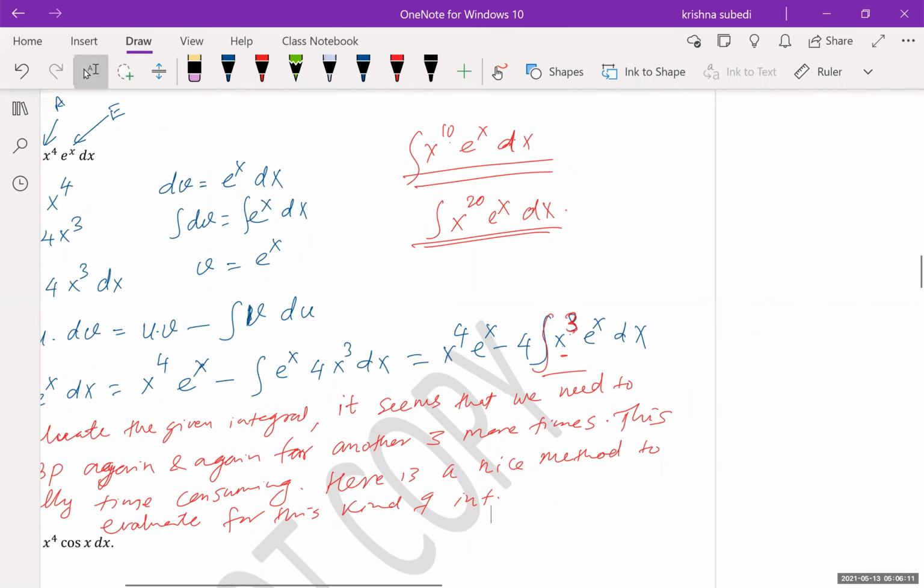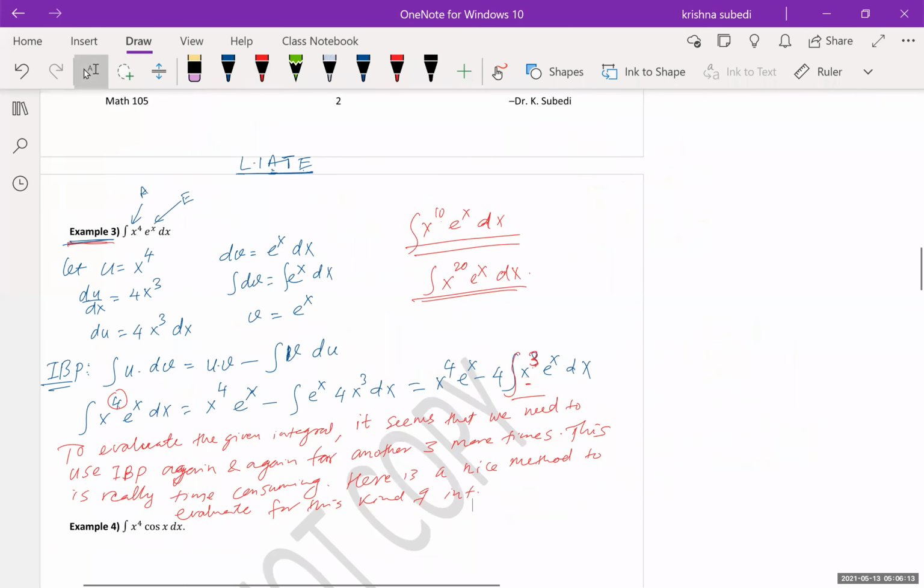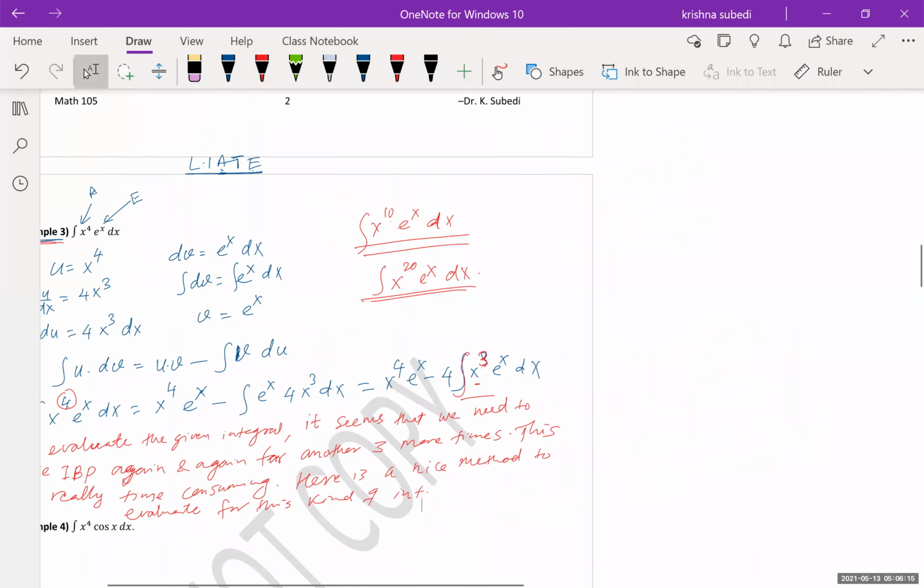All right, so this is the method that we're going to use now. I call it the table method. Okay, so the table method. And this method works pretty much for all the integrals.